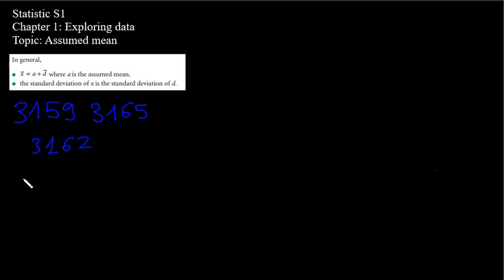An assumed mean is a number which is really close to the numbers that we choose ourselves. For me, I will choose my assumed mean to be 3,160.